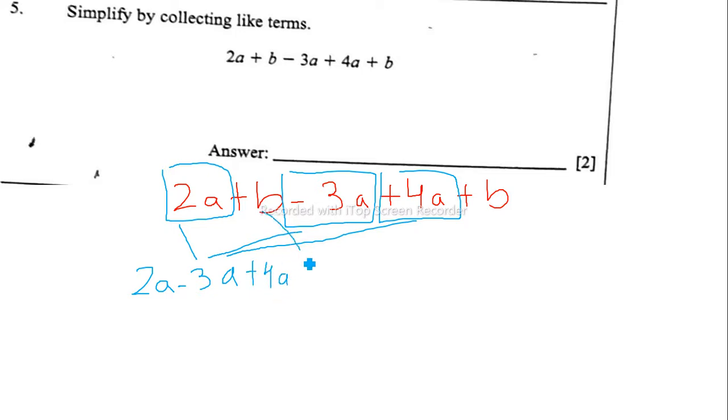And so we have B and B. What is 2A minus 3A plus 4A? 3A.